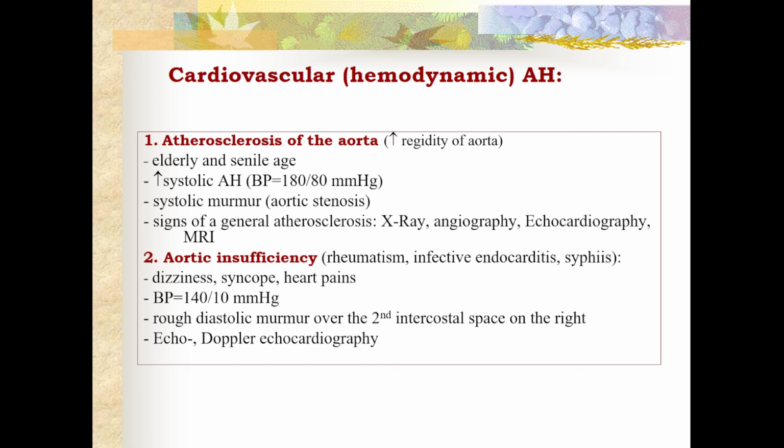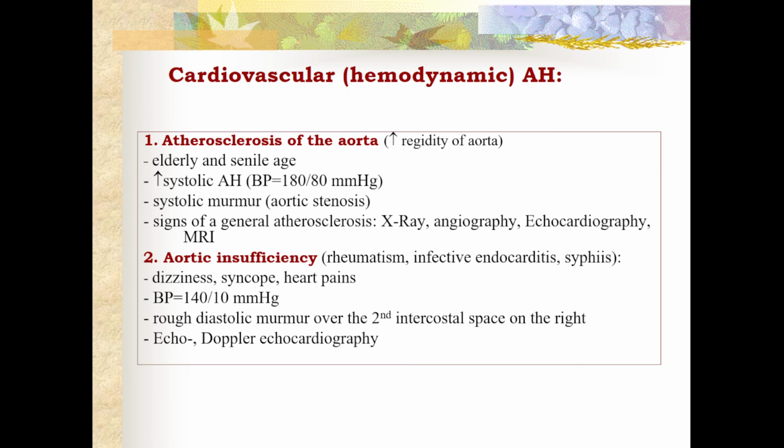Aortic insufficiency, aortic regurgitation, due to rheumatic fever, infective endocarditis, or syphilis. In aortic regurgitation, the main clinical signs and symptoms are associated with ischemia of the brain and ischemia of the heart, and maybe dizziness, syncope, disturbances of consciousness, and maybe heart pain like angina pectoris.